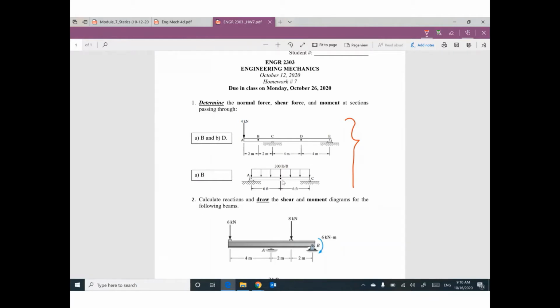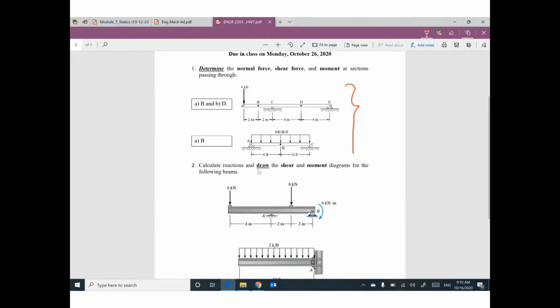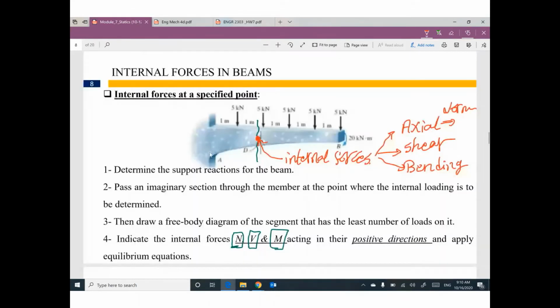Next week, and the second question in the homework, we need to draw the internal forces. Big difference between calculating values and drawing the internal forces. So today, I'm gonna focus on what are the values of internal forces, normal, shear, moment at a specific point.